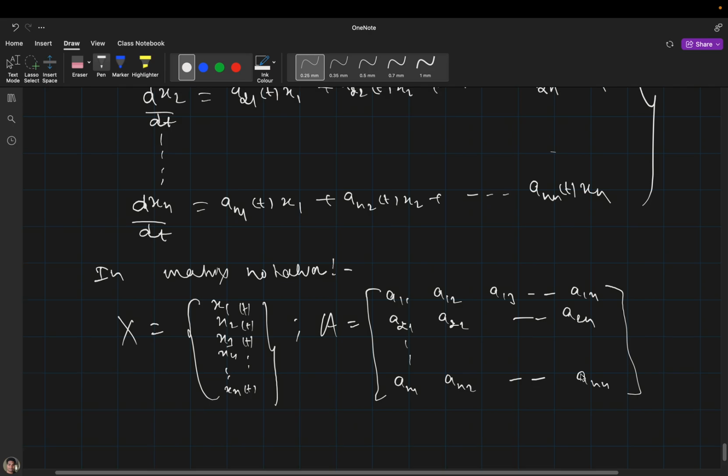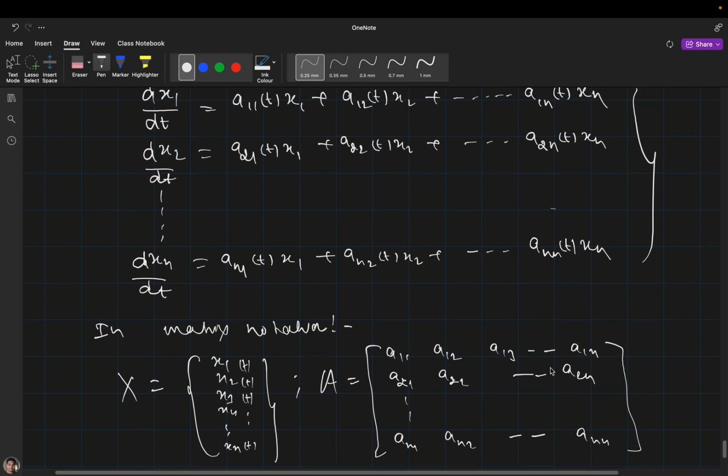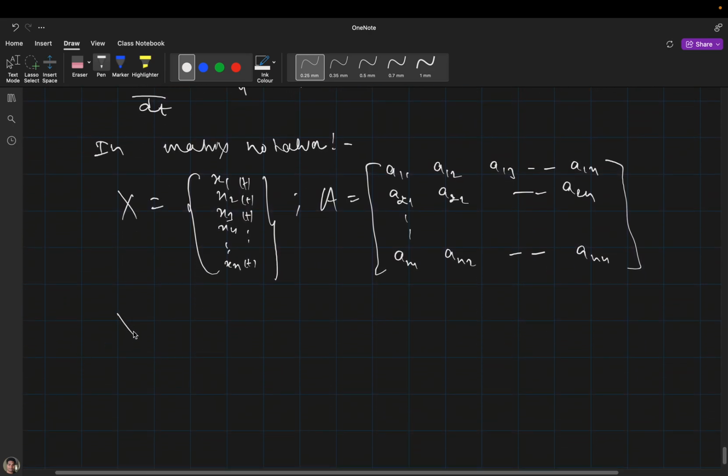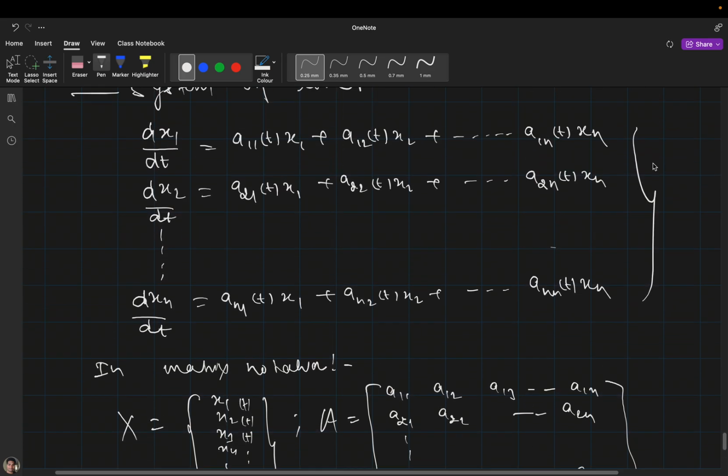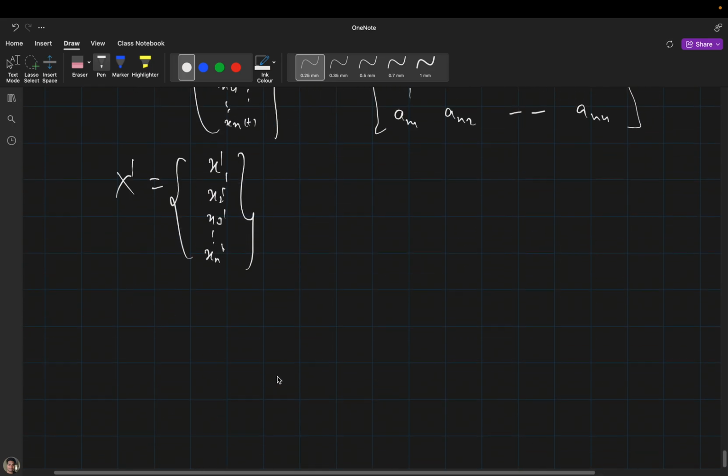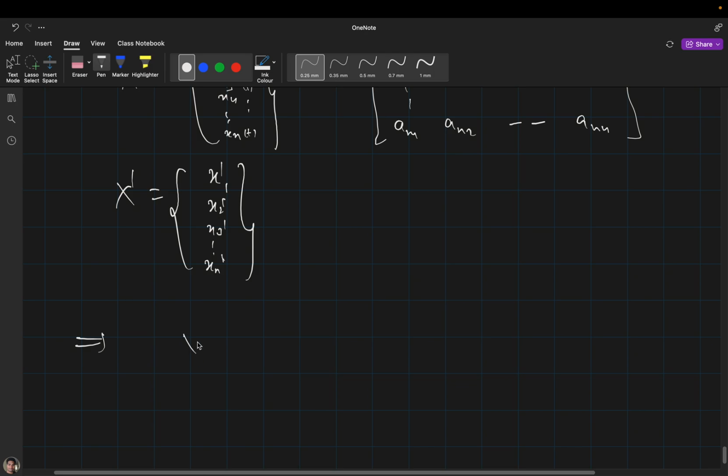Also I will write x1 dash, x2 dash, x3 dash and xn dash. So this equation can be written like this.